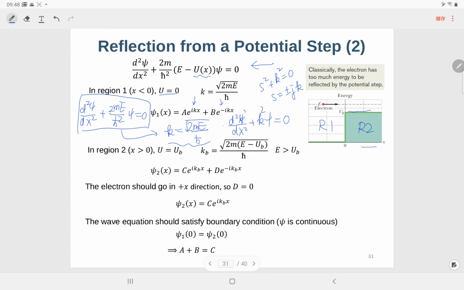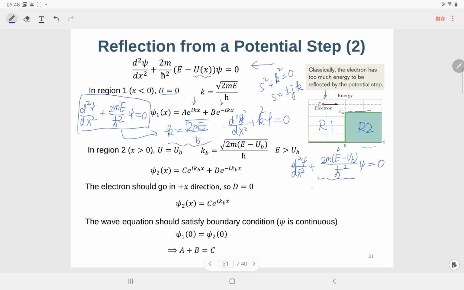So that equation will look like this, plus 2m times E minus UB over h bar squared, and then phi equals 0. We know that E is larger than UB, because this is kinetic energy. We already assume that, so this whole term is still larger than 0.